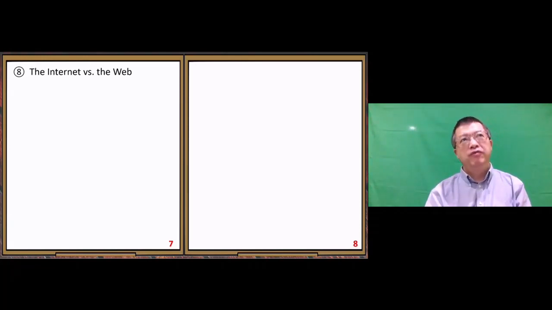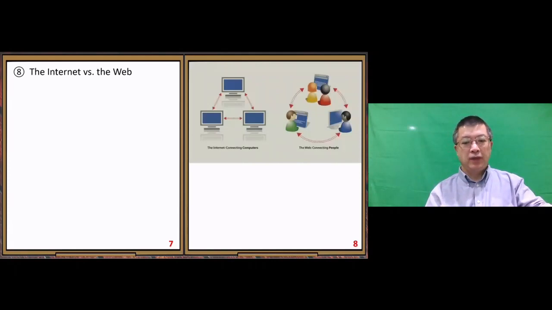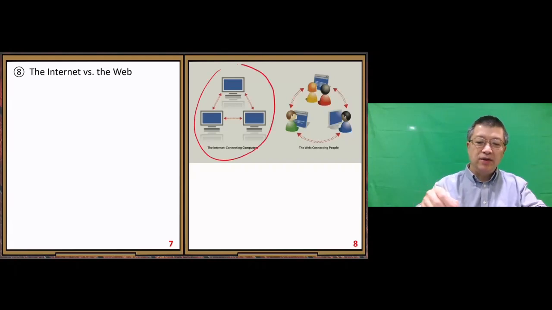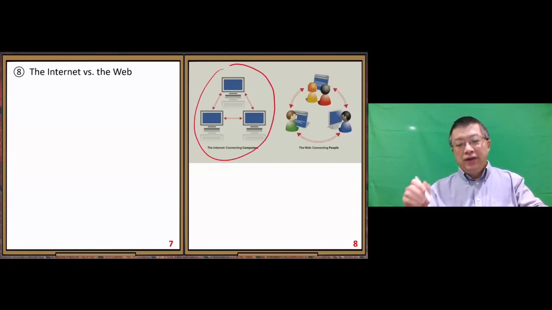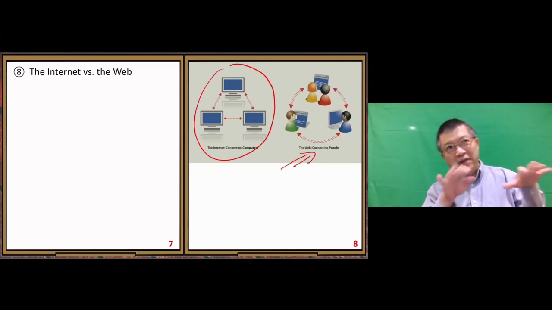But for us computer science people, we know they are different. So here, let's compare their difference. From this picture, it tells some difference. If you can see the small font: the internet connecting computers. The web connecting people.